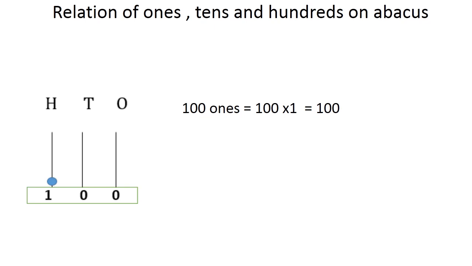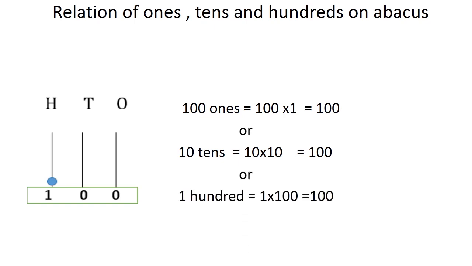Okay, so here we have multiplied 100 by 1. यहाँ पर हमने 100 को 1 से मल्टीप्लाई किया है, तो हमारा आंसर क्या आ गया? 100. और in tens form, how we can write it? 10 tens. 10 tens means 10 multiplied by 10, and that is also equal to 100. Or in 100 form, how we will speak? 100 is equal to 1 multiplied by 100, that is equal to 100.